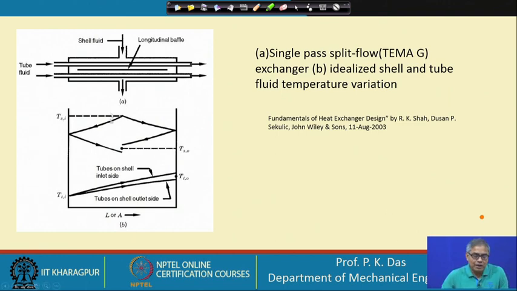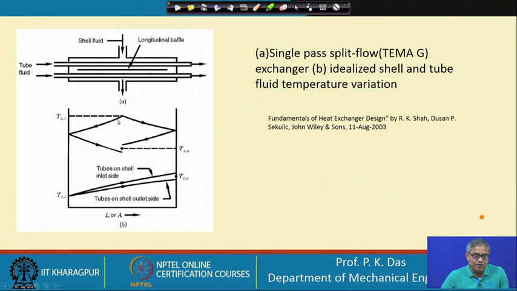So, here you see this is basically some sort of a shell and tube type of heat exchanger. In between there is a splitting plate. So, the shell side fluid is coming like this, it will get divided and then it will enter here, and then again it will get combined and come out. Where it is coming out, there only it will get combined. And then there are 2 tubes on the tube side, and fluid is flowing like this.